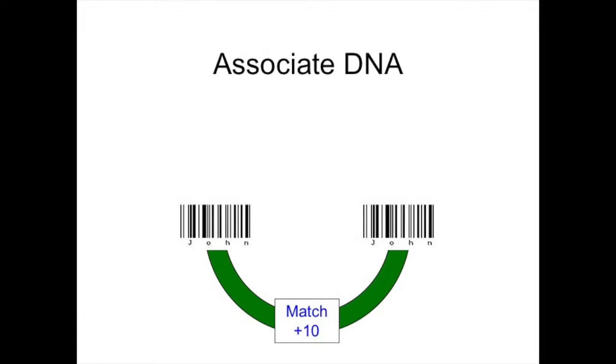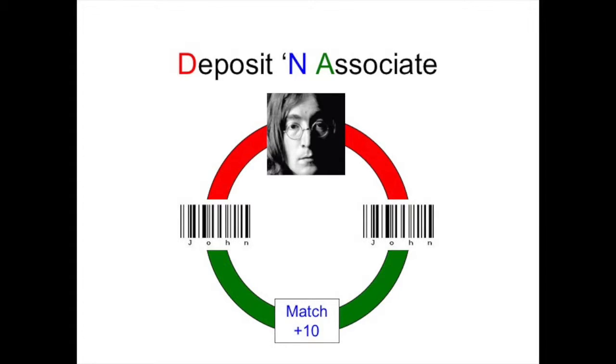If there's an association between genetic barcodes left in different places, then we have a concept of DNA deposit and associate. The DNA is deposited by one individual, and the association between them leads to a number, a match statistic, in this case 10, that says yes, indeed, the hypothesis you had as investigators, that there was someone in common between these two items where a genetic barcode was found, makes sense.